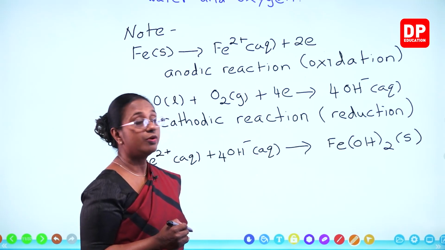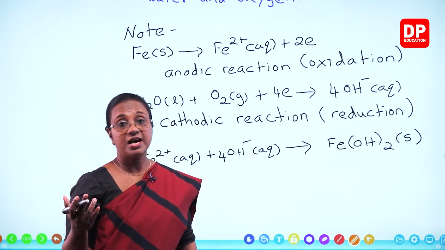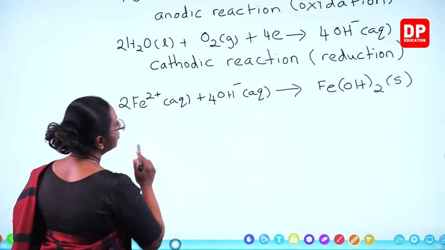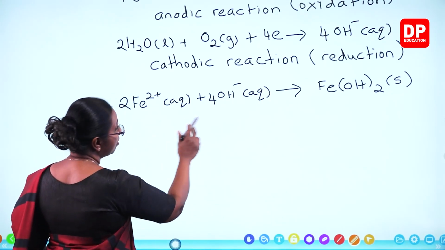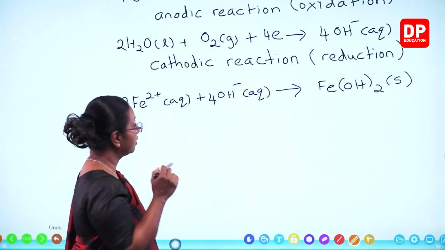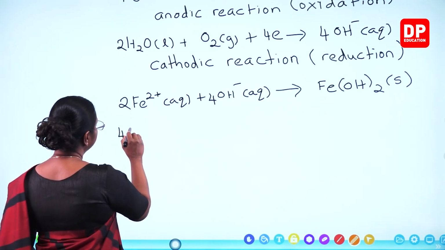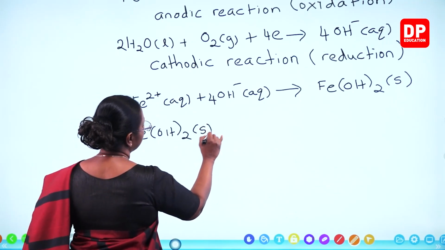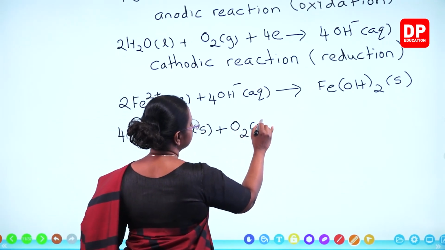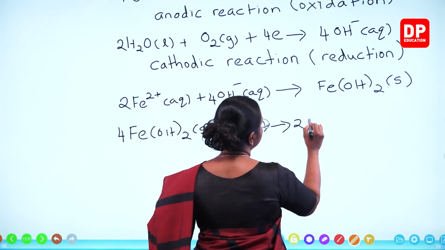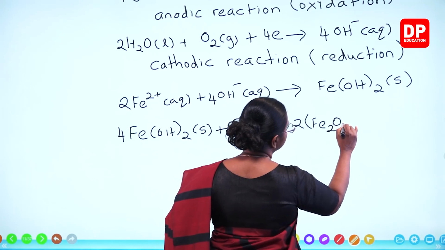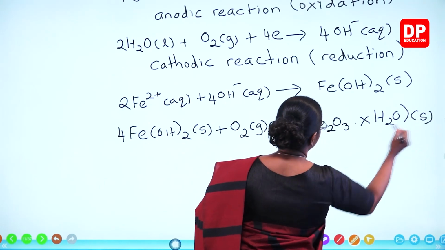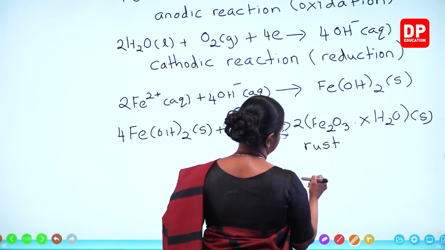Now this Fe(OH)2 further gets oxidized to form rust. So if we write the further oxidation of Fe(OH)2 with oxygen, you can remember there should be 4 Fe(OH)2 solid plus O2 gas gives rise to 2 Fe2O3·xH2O, that is also solid, and that is rust.